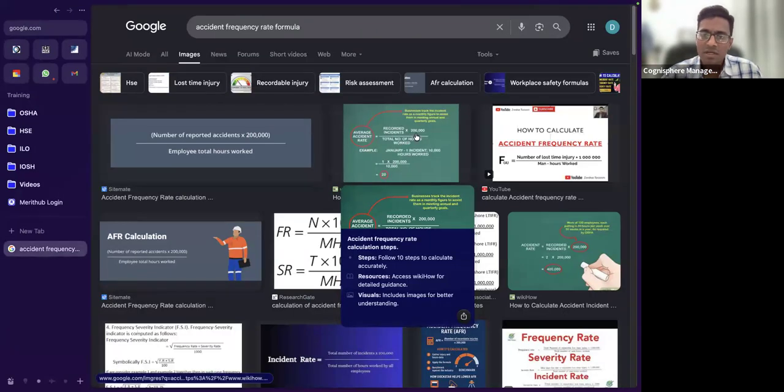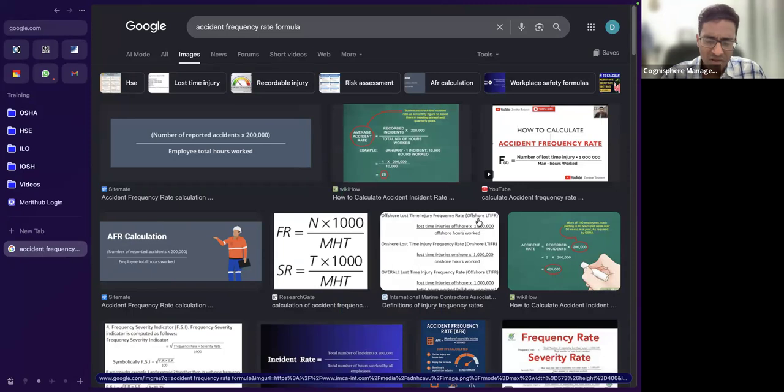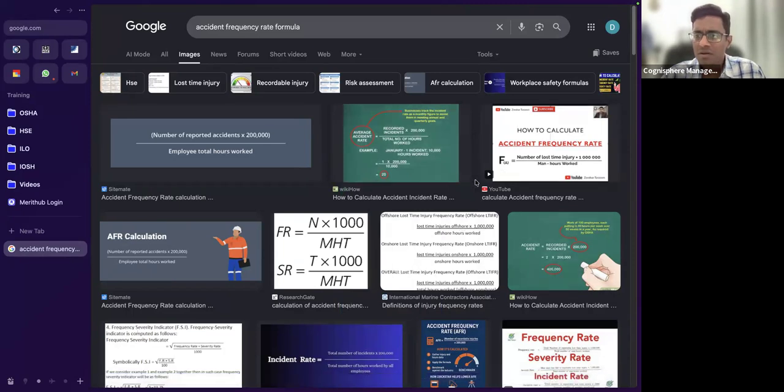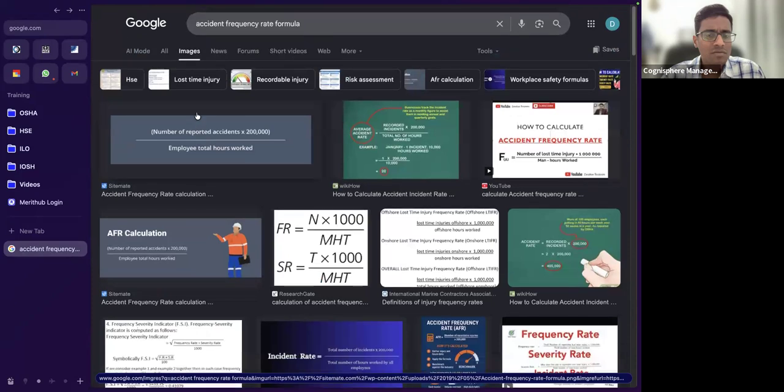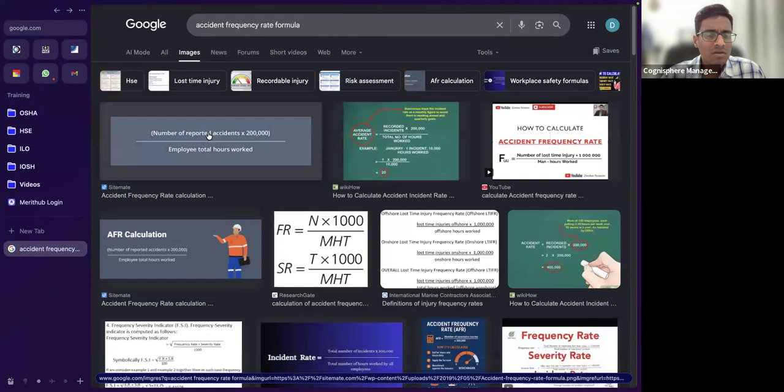So here you see 200,000 is the multiplier. This is from OSHA, 200,000.